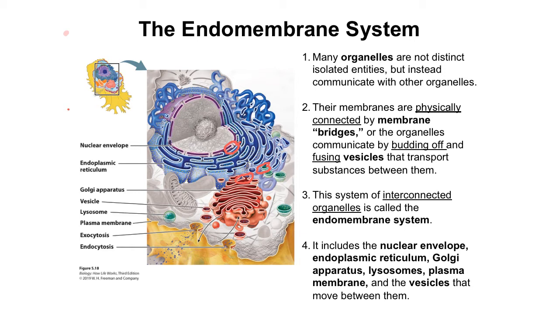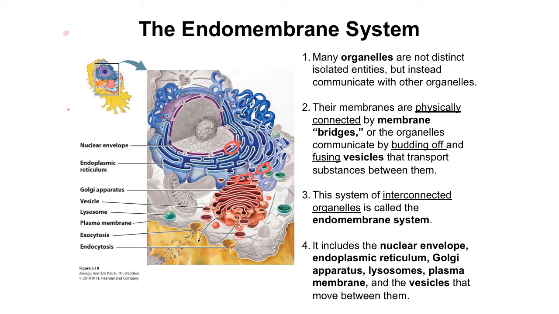So this system of interconnected organelles is called the endomembrane system and includes a distinct variety of organelles that have distinct functions.